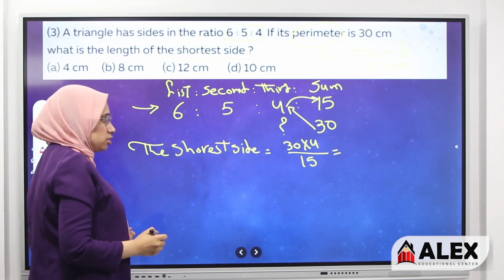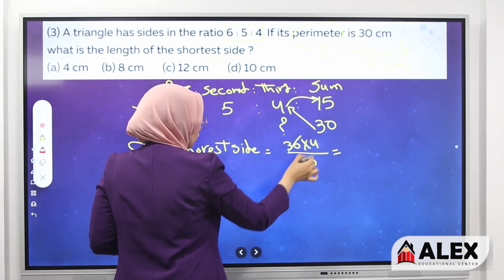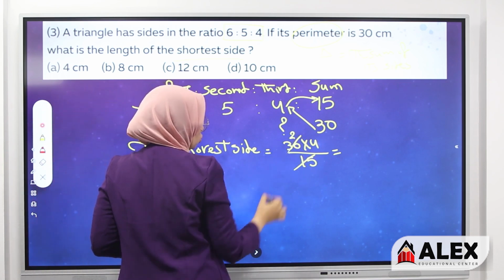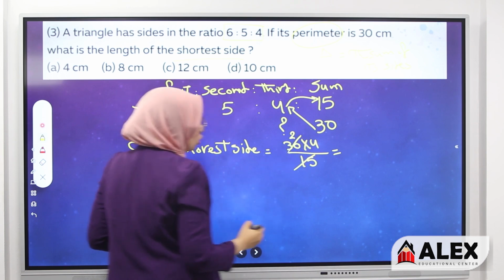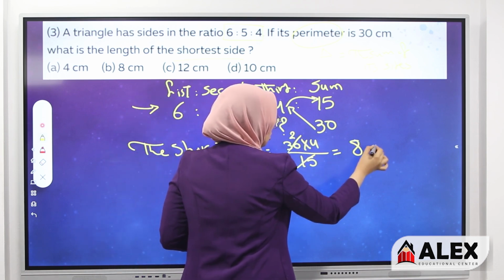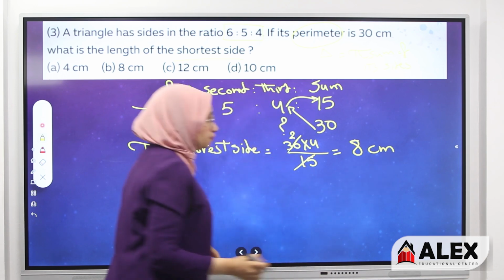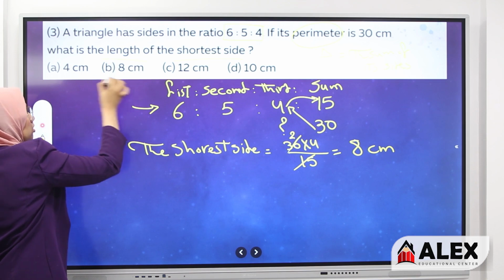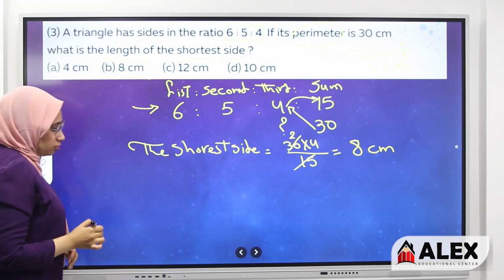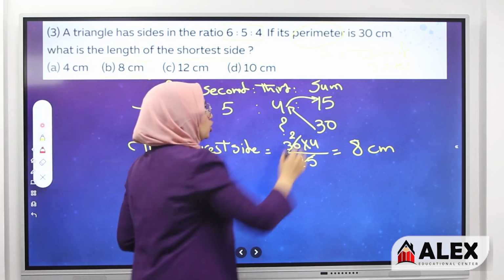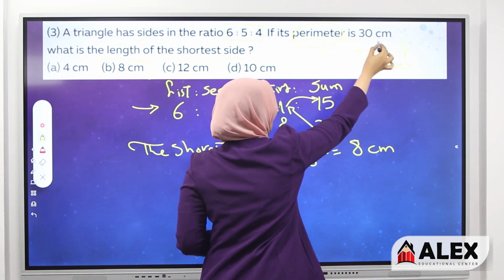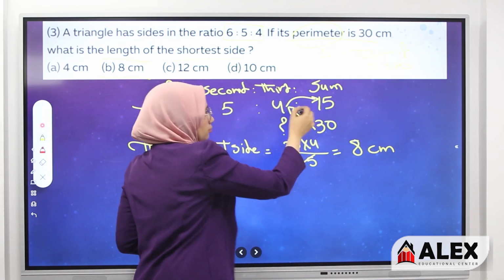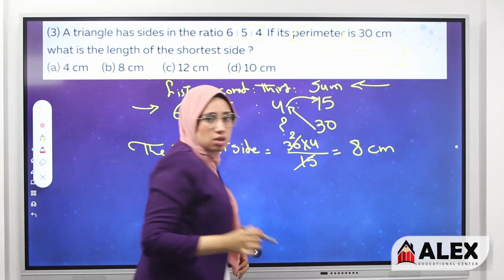Put it in your calculator. 30 divided by 15 equals 2, and 2 times 4 equals 8 centimeters. The shortest side equals 8 centimeters. The important information here is that the perimeter is the sum of the sides.